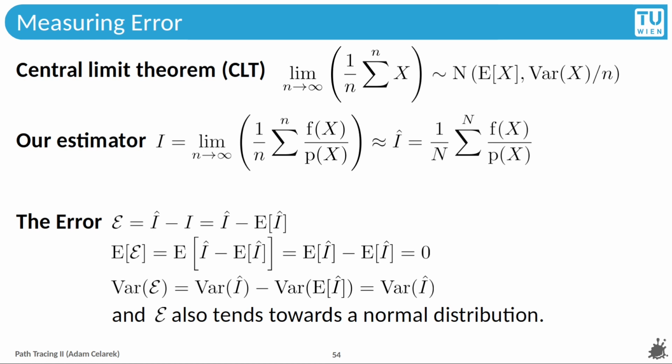We saw that the variance of a sum of stochastic variables is the sum of variances, so when you compute the variance of the error, we can just fill in and we get this one. The variance of an expectation, which is a constant, is 0. Therefore, we are left with the variance of the error equals the variance of the estimator. And finally, without steps, the distribution of the error also tends towards a normal distribution. You should be able to check that without problems on your own.